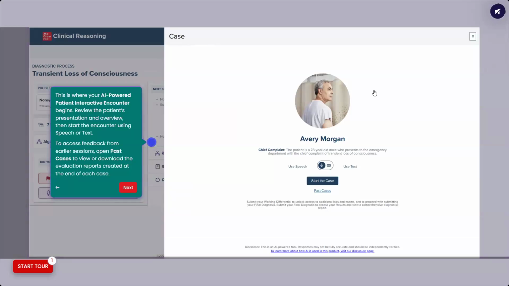So once we click practice case, we will land on this page where we will see a general overview of the patient. So for example, this patient is a 78-year-old male who presents to the emergency department with the chief complaint of transient loss of consciousness.